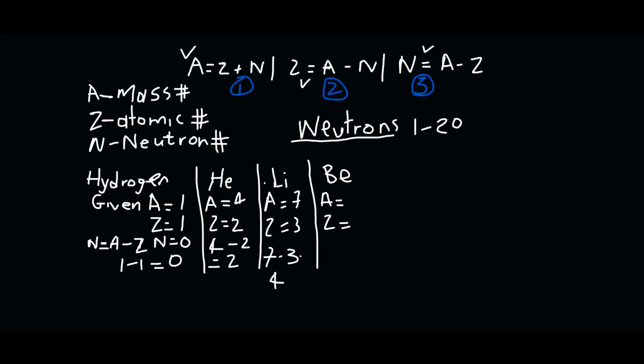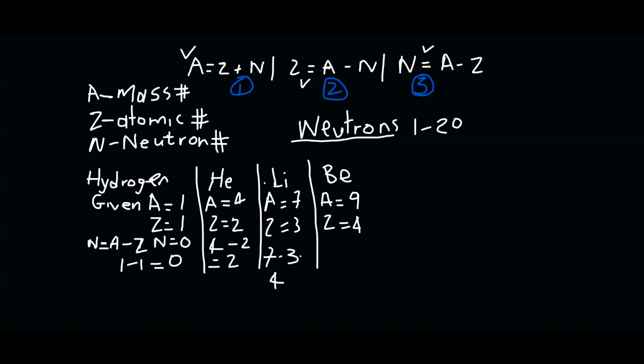Good. And then the atomic number? Remember, this is the fourth element, so it's 4. So it's 9 minus 4, which would give us 5. So N would be equal to 5.